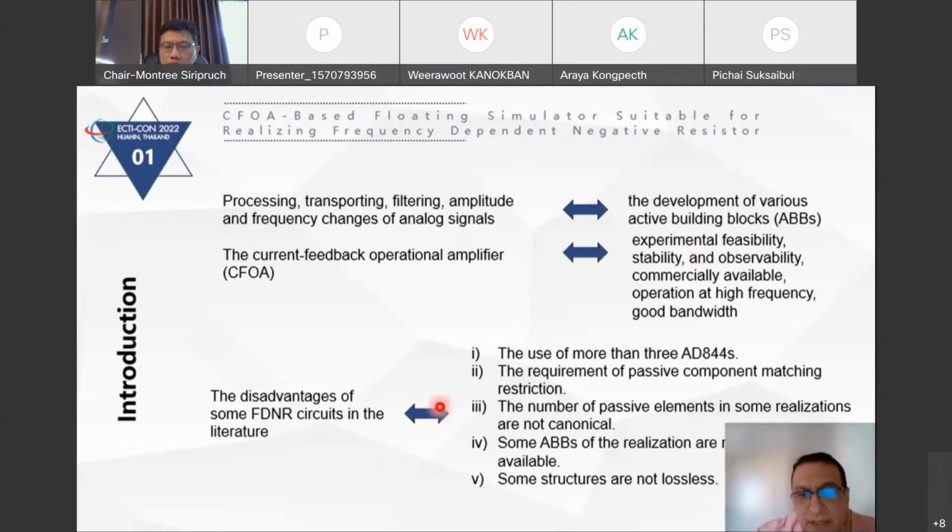These disadvantages are the use of more than 3 AD844s, and the requirement of passive component matching restrictions. The number of passive elements in some realizations is high and not canonical, some active building blocks in some designs are not commercially available, and some structures are not lossless. They give lossy FDNR circuits.